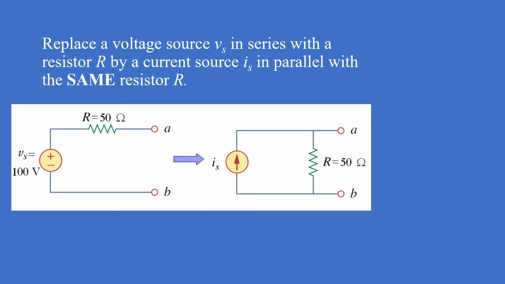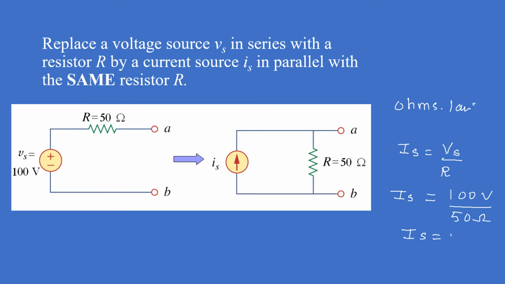According to Ohm's law, the value of the current Is is equal to the voltage divided by resistance. So Is is 100 volts divided by 50 ohms, which comes out to be 2 amperes. You can see that the value of resistance in both sources is the same, but the value of the current is calculated by Ohm's law.